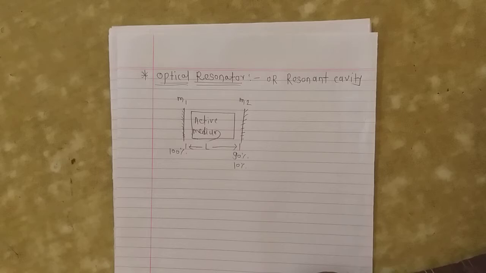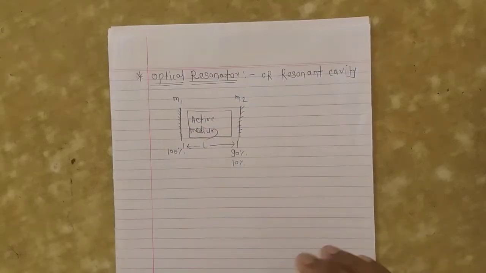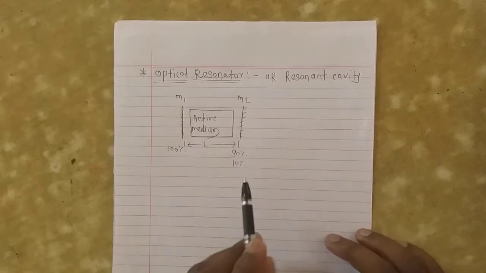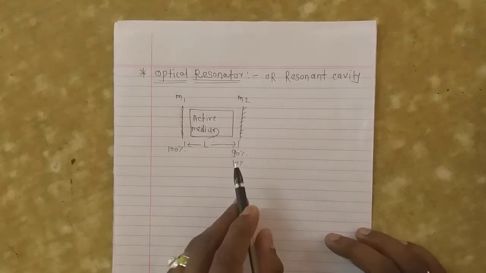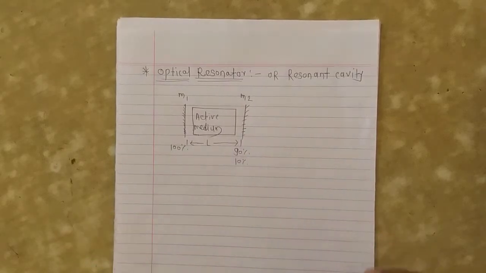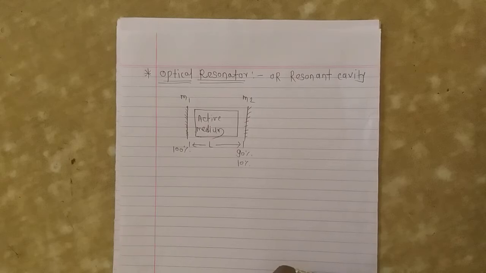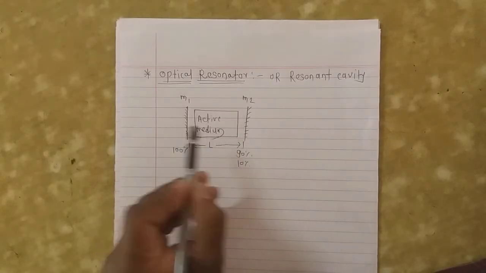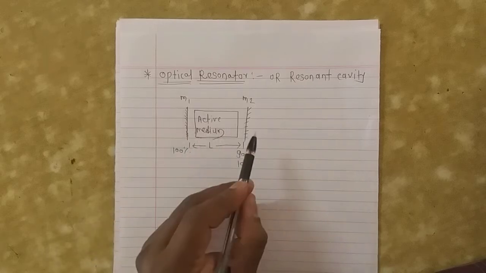Then in that reflection, the light reflects again and again, and 10% is transmitted. This is a loss of energy. Why? Because the energy is not fully recovered, due to reflection, transmission, scattering, or absorption.